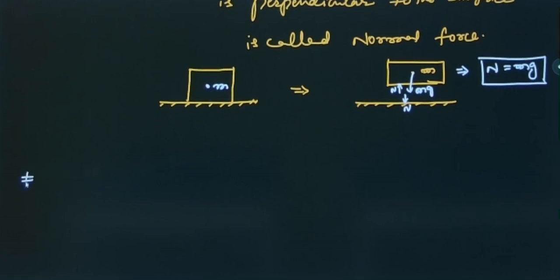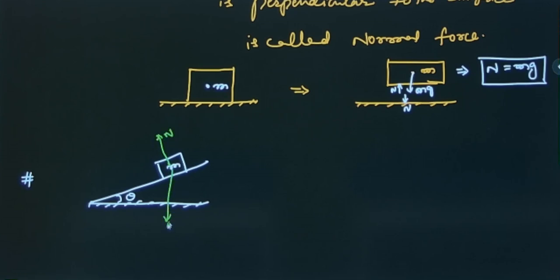For example, an inclined plane which makes an angle theta, and here is a block of mass m. The normal force N is perpendicular to the surface, its weight is mg, and this angle is 90 minus theta.